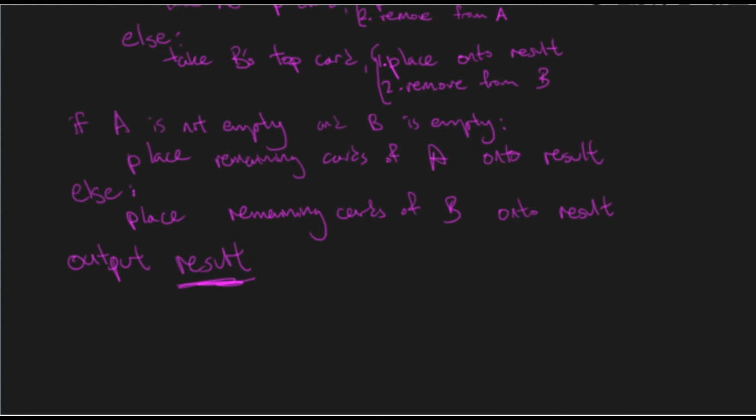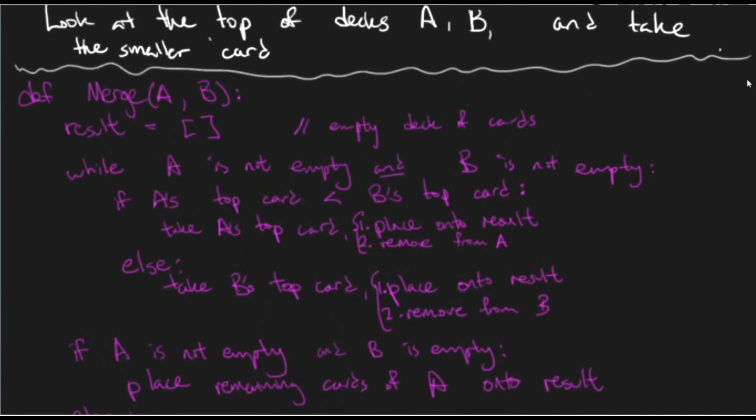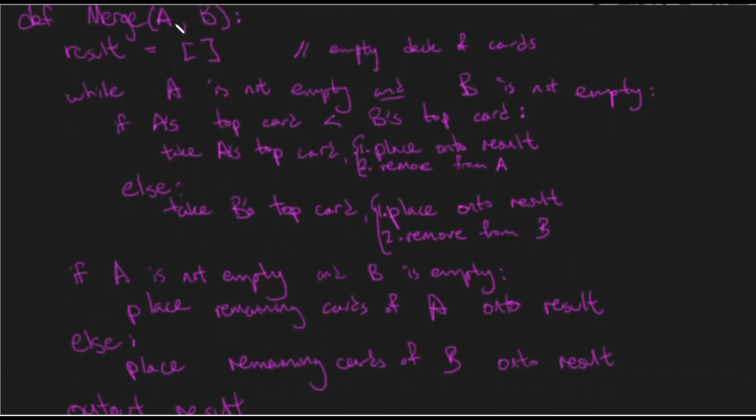So to go over what we did here: we define this merge function that takes two arrays, A and B, or two decks of cards, and we apply the rule that we came up with last time, which was to observe the top cards of the two arrays and take the smaller one. If A was smaller, then we take that top card, place it onto our result, and remove it from consideration.